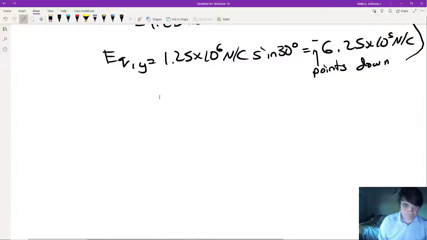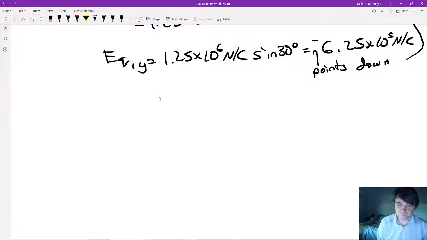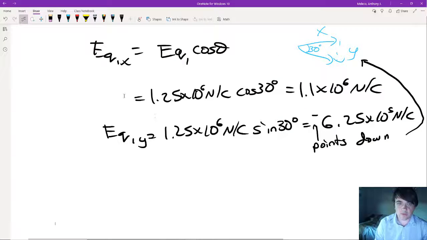So E at point A will be the square root of the x components. Oh, we need to figure that out, sorry. The x components and the y components, we need to finish those.